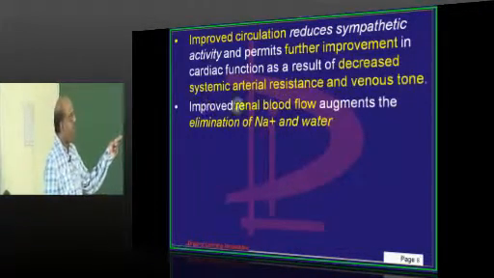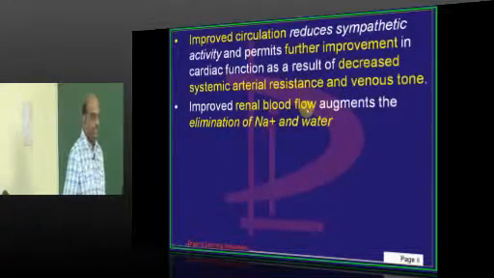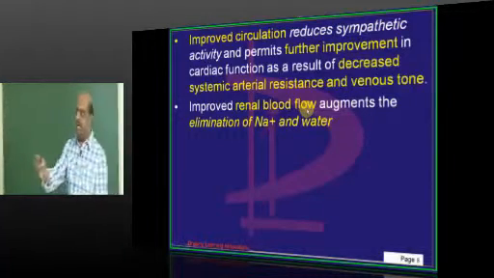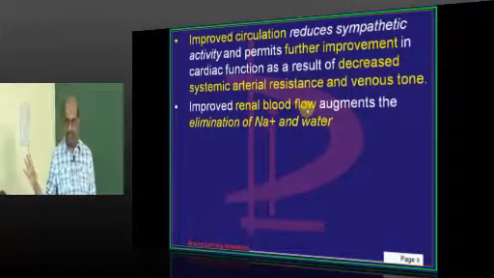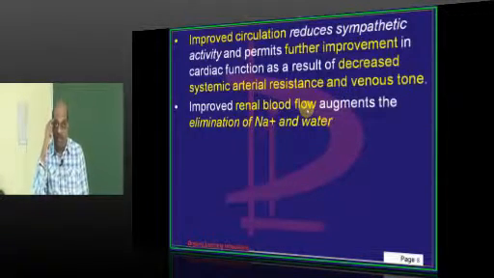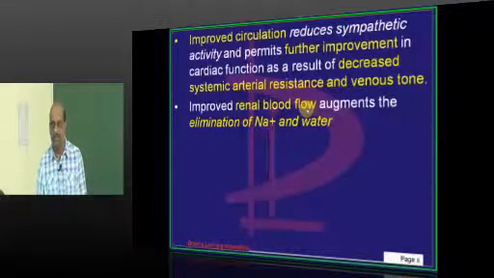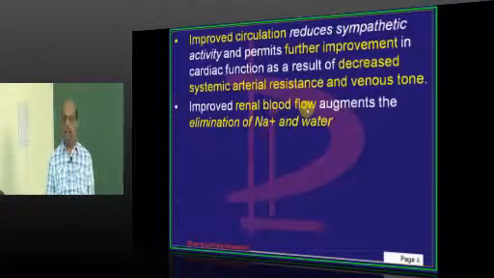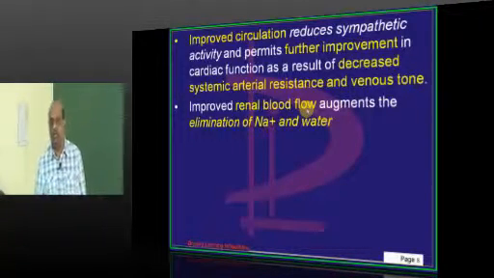Then one important thing is, Digitalis has a vagomimetic effect directly. What is the effect on the nervous system, on the sympathetic output? Normally in a failing heart, how is the sympathetic output?